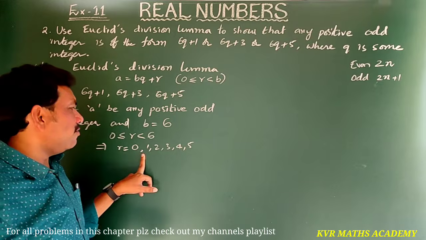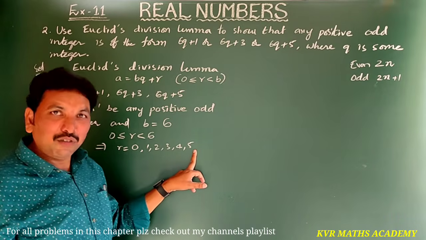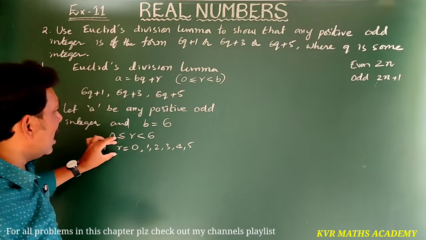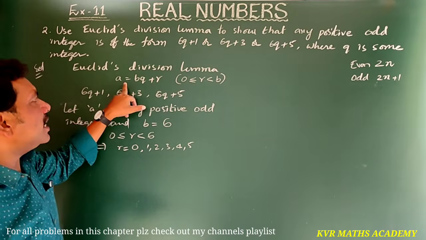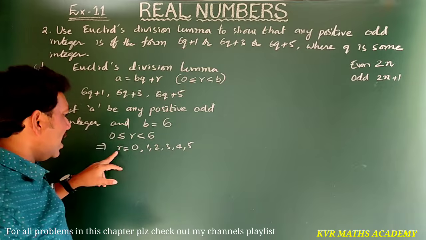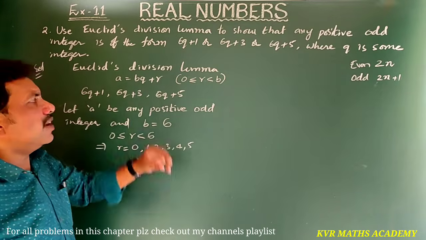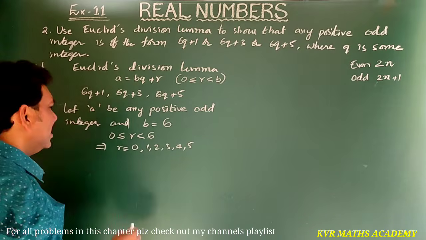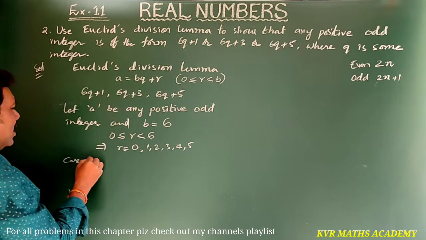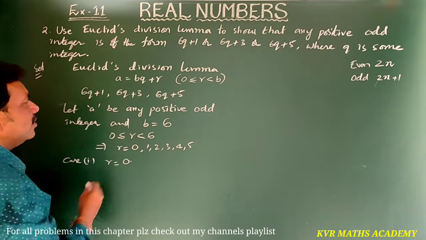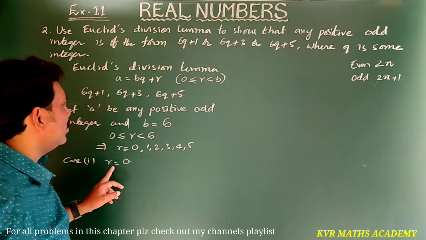Up to 5 only we should take, right? So we have to take Euclid's division lemma a is equal to bq plus r, and we should substitute r values in this one, right? Yes. Here first case 1, let us take r is equal to 0.